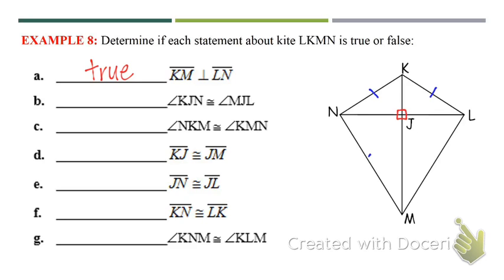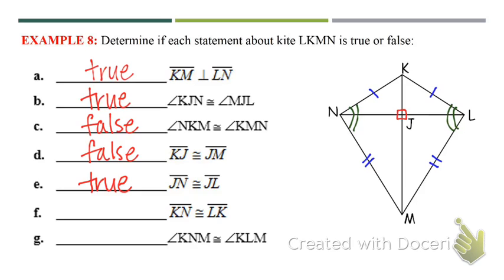And the answer is yes, it is true. And so we can mark everything we know here. Once we have everything marked, we should be able to go down the list and state everything we know, since we know they're perpendicular and we know that they bisect. So that one's true.